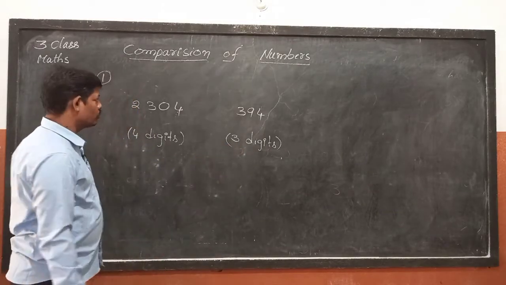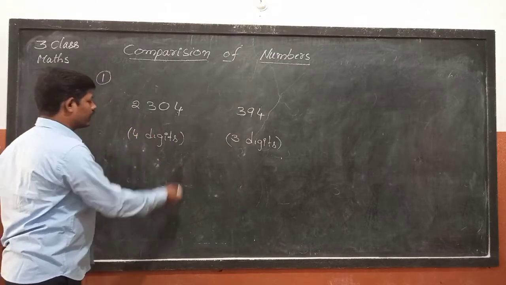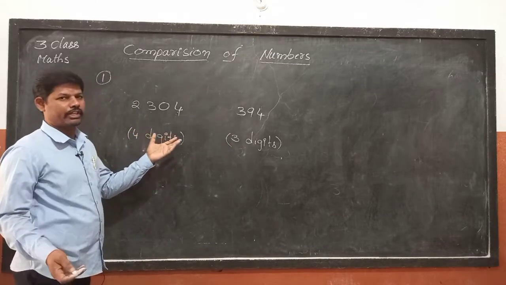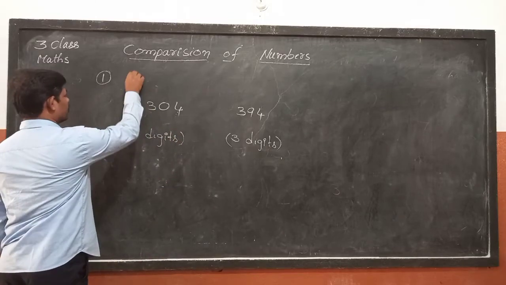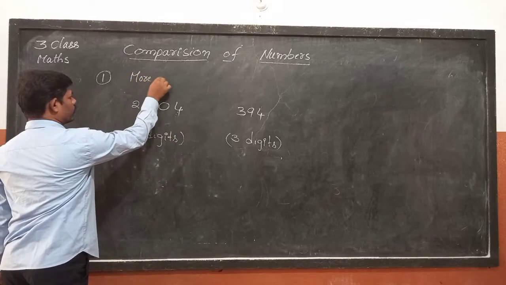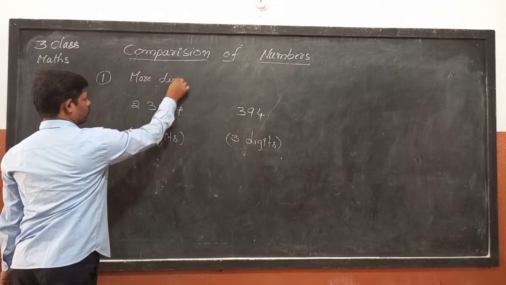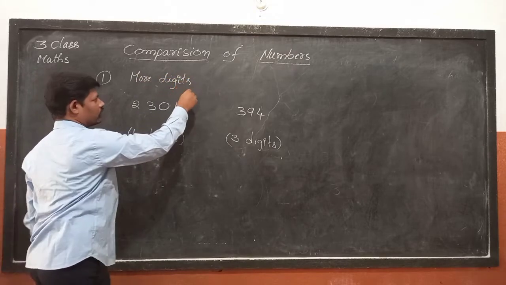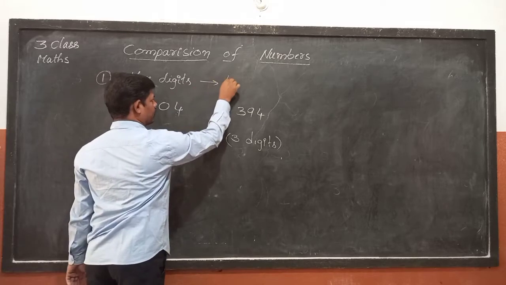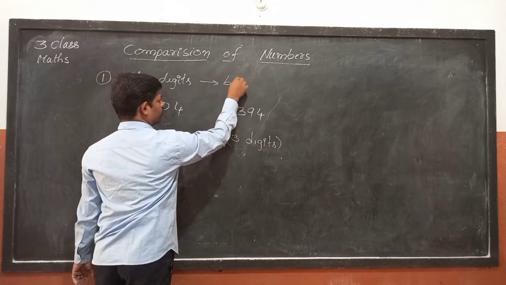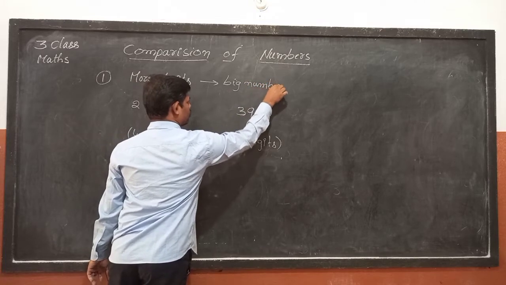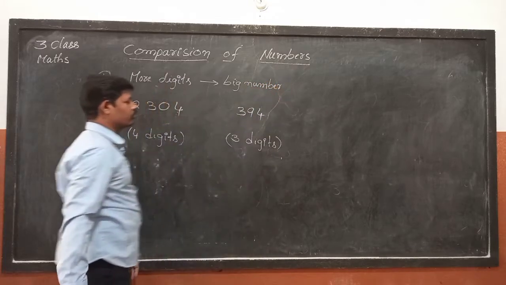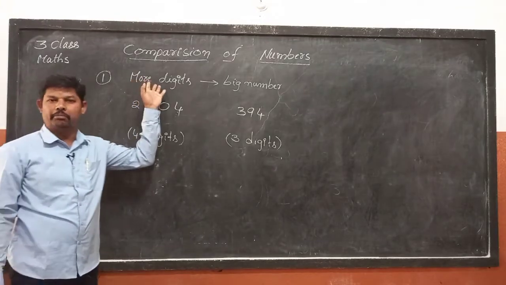So, what is rule 1? If the number has more digits, it's a big number. Simply remember: more digits, big number.